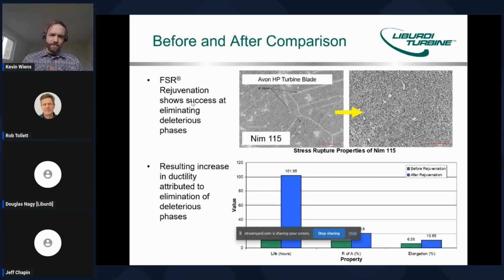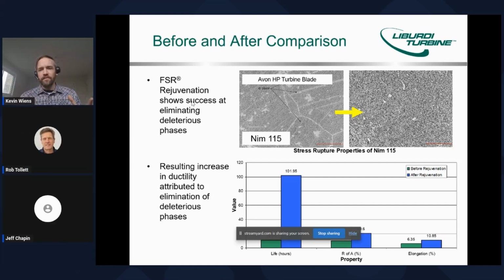It also provides favorable crack growth features, as these needle-like brittle phases can aid in crack propagation, and so these can be dissolved through the full solution rejuvenation process. Now, because they're a function of the alloy chemistry and the temperature of operation, these phases will reform again. But again, just like precipitate overaging, if rejuvenation is applied at appropriate intervals, you can keep the strength up and extend the life of the component.